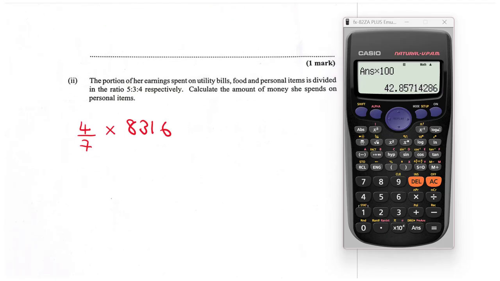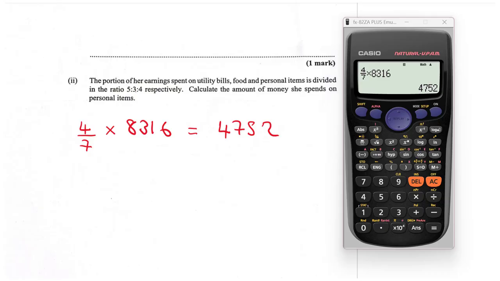If we enter this in our calculator, we get the total amount. So it is 4 over 7 times 8,316, and we get 4,752.